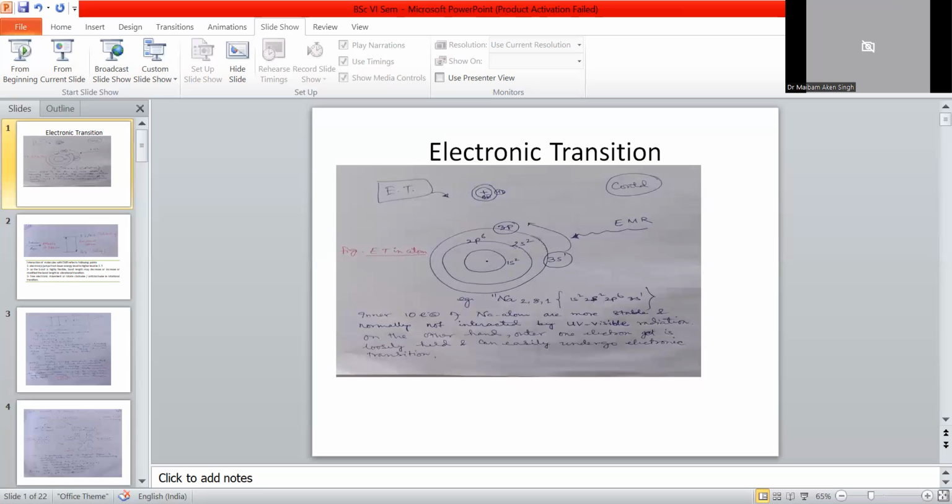Chromophore. What is a chromophore? The part of a molecule responsible for imparting color, meaning reflecting color. The part of the molecule giving information about the color appearance.